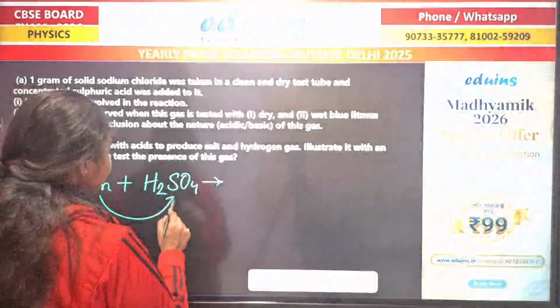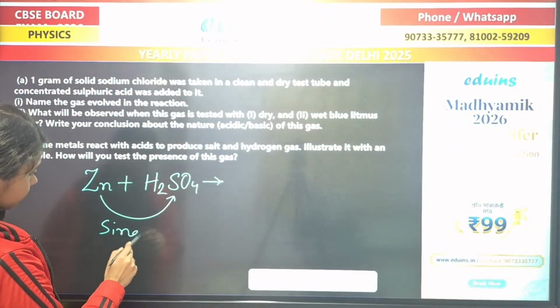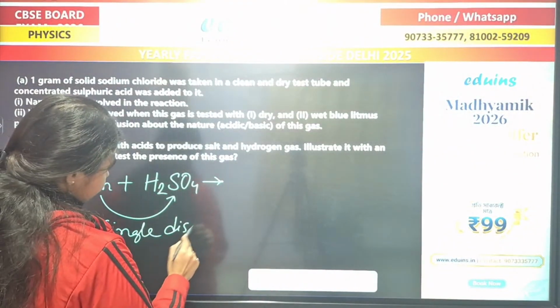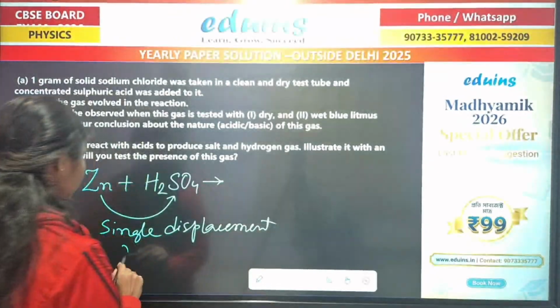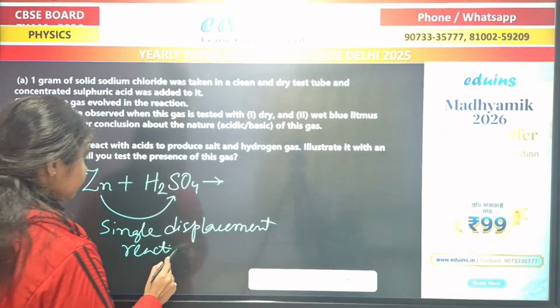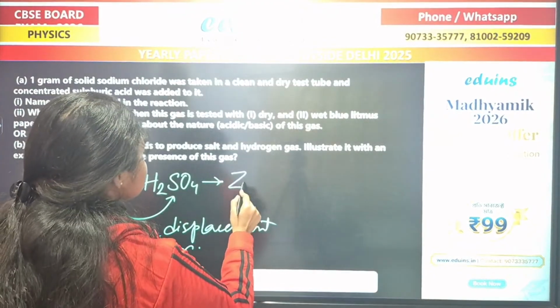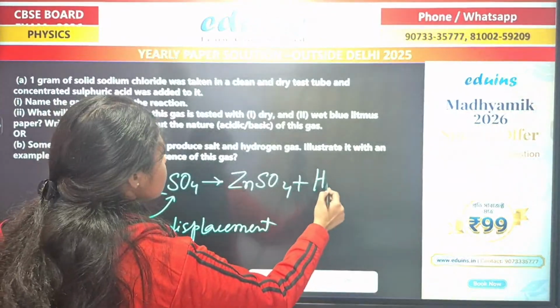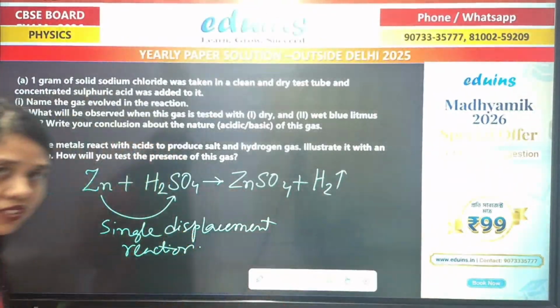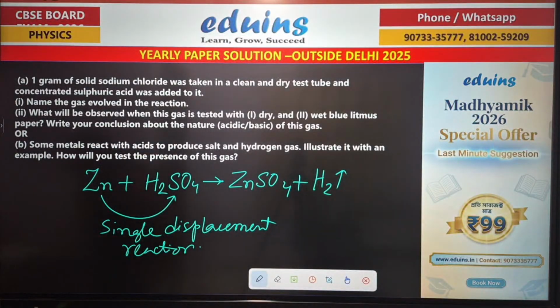This is a single displacement reaction, right? The products are ZnSO4 and H2 gas. Yes, zinc sulfate. Very good. So it becomes ZnSO4 plus hydrogen.